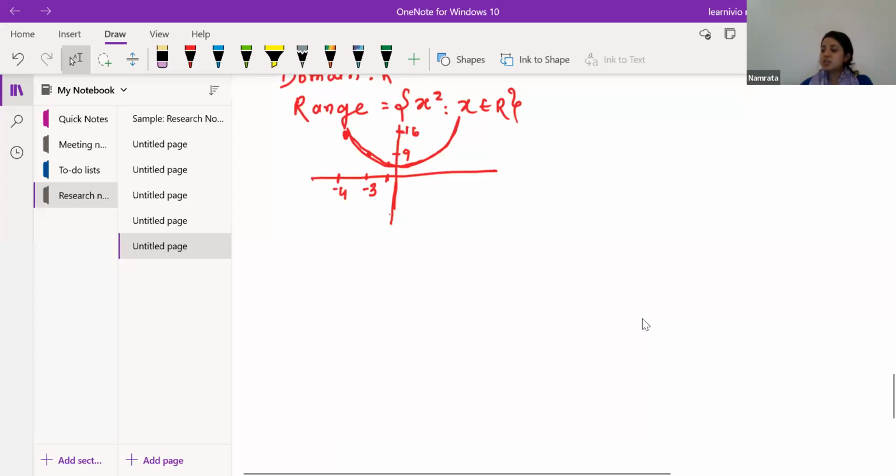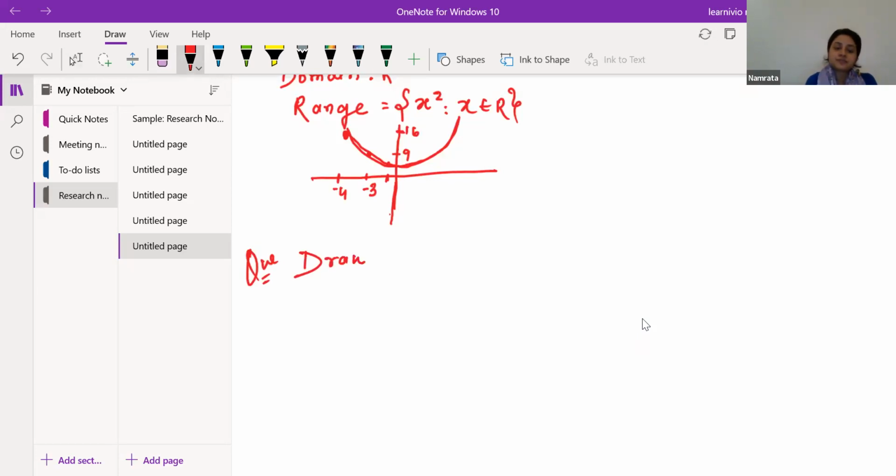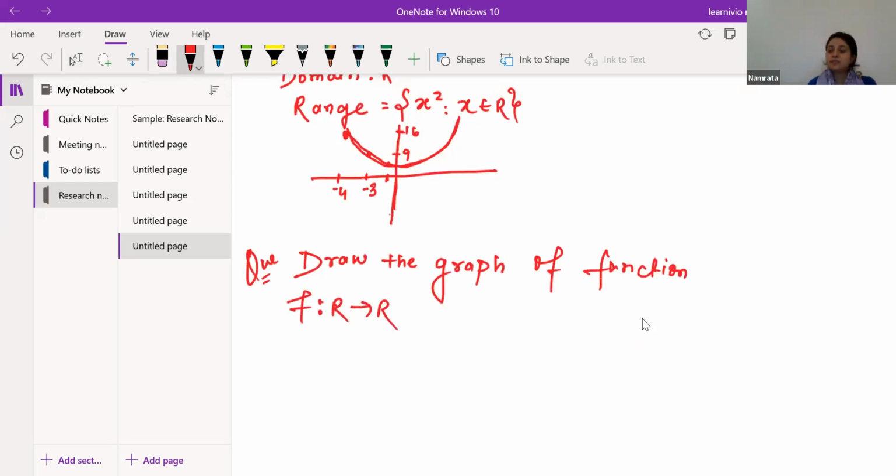Now the next question is, draw the graph of the function f from real numbers to real numbers defined by f of x equals x cube.